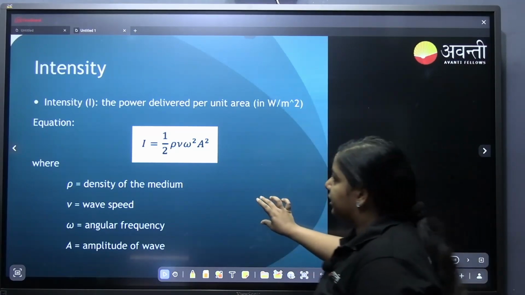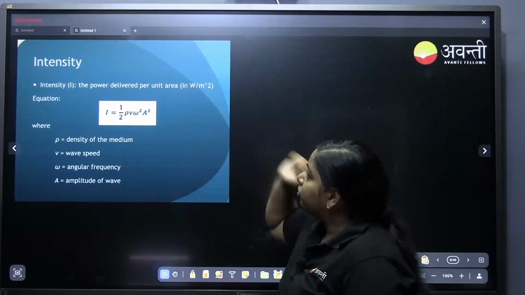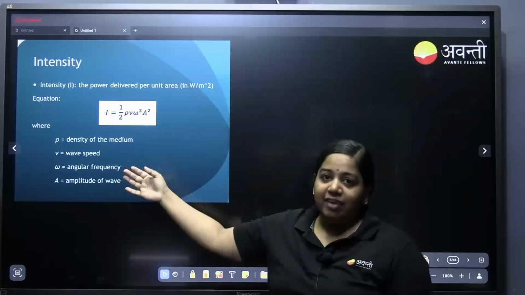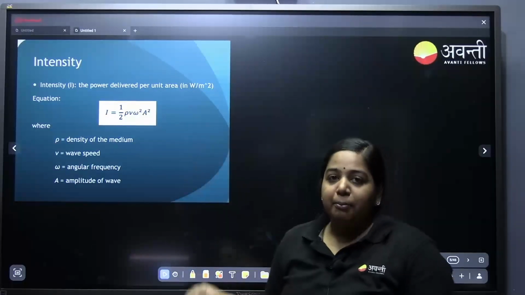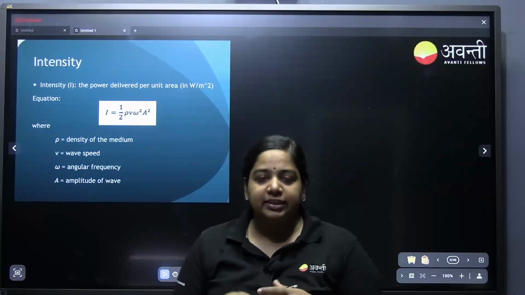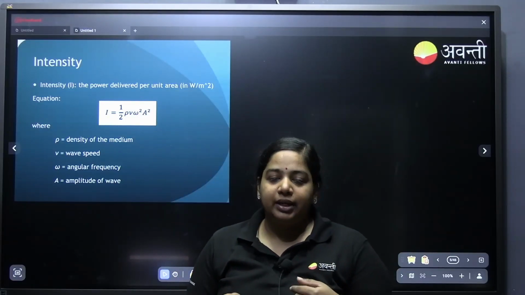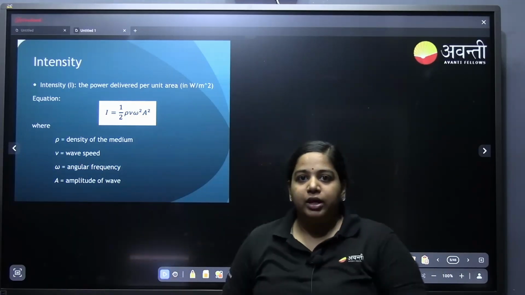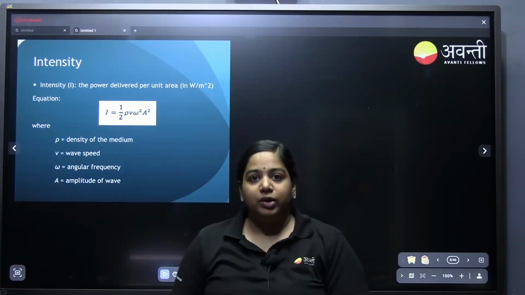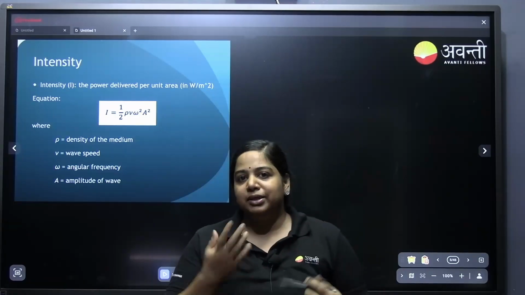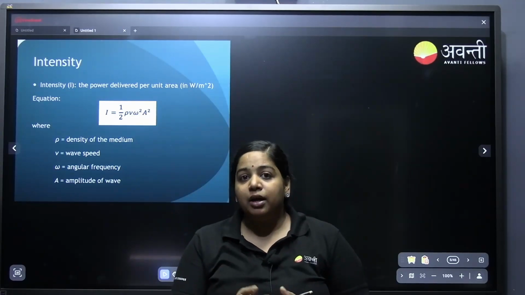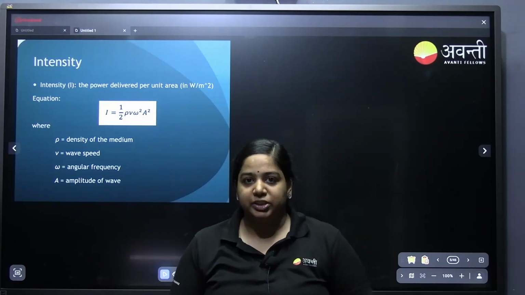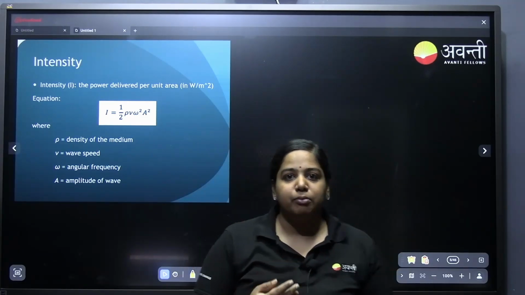Next is intensity. Intensity of the wave depends on amplitude. Basically, intensity is energy per unit area per unit time. But it depends on amplitude. If something is moving more distance, more displacement is there, then it has more energy to move that much, which means intensity will be more.